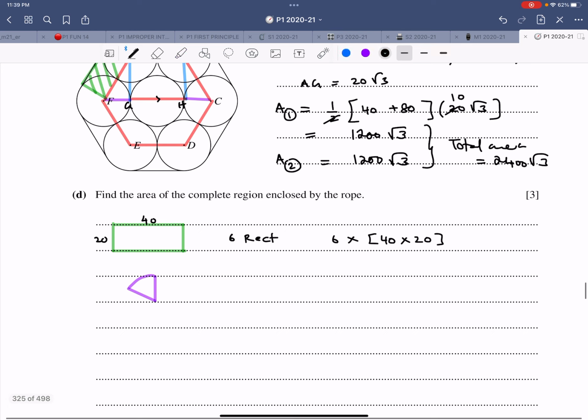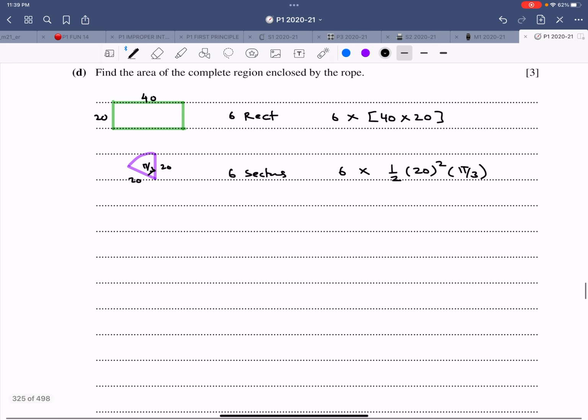This is 20, this is 20, this is pi by 3. So therefore 6 sectors, that is 6 into half r square, theta is pi by 3. So 4 into 2 is 8, 8 6 are 48. So that is 48 and 2 zeros.